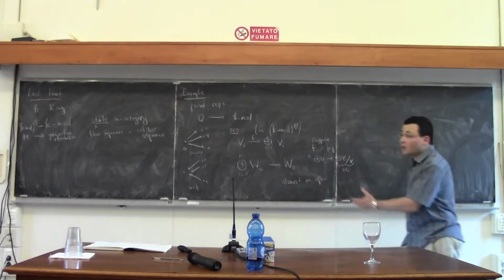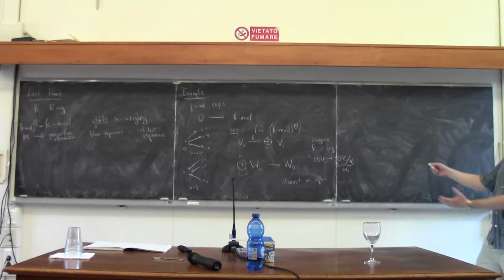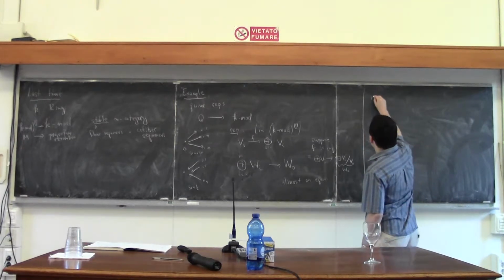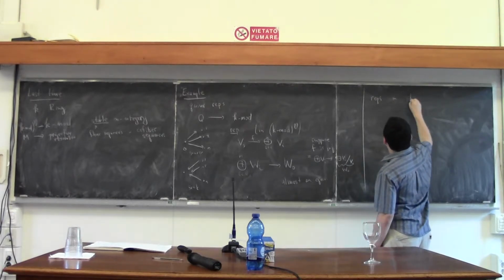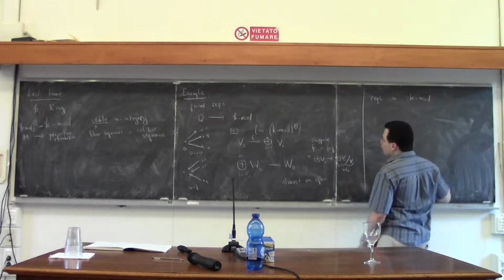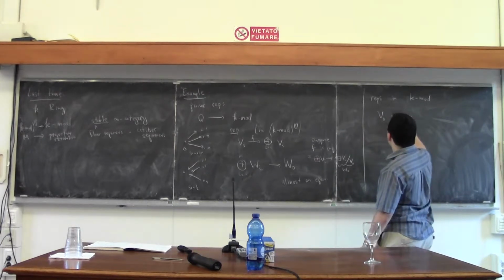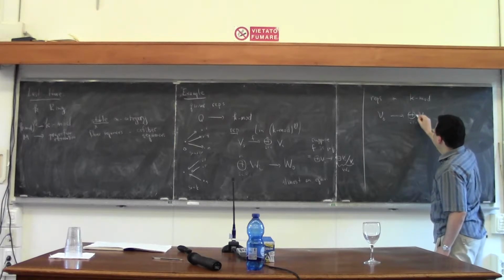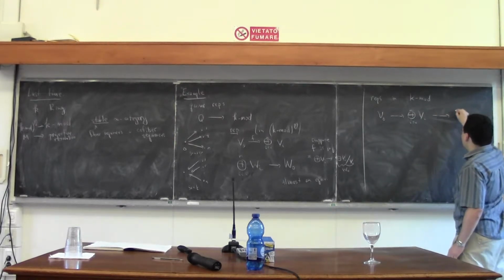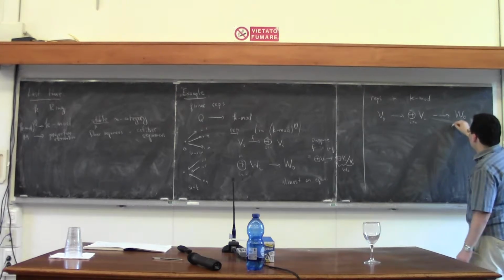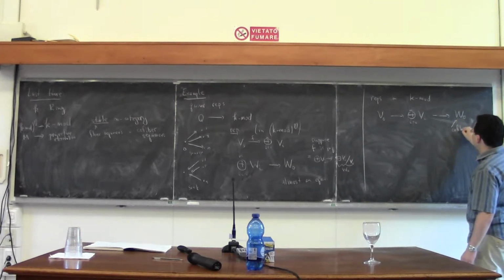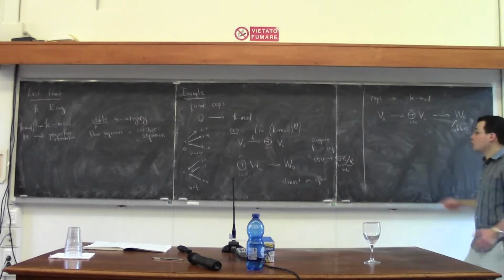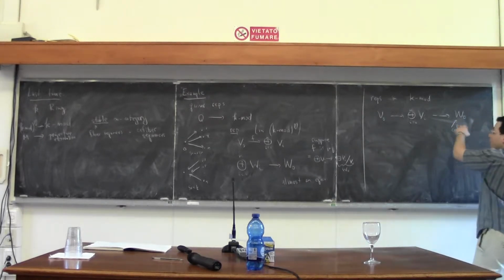Passing to the derived world fixes this problem. Representations in K-mod look the same way: you have V0 mapping to the direct sum of Vi. But now you can take W0 to be the cofiber. And again, because cofiber sequences are the same as fiber sequences, V0 is the fiber of this map.